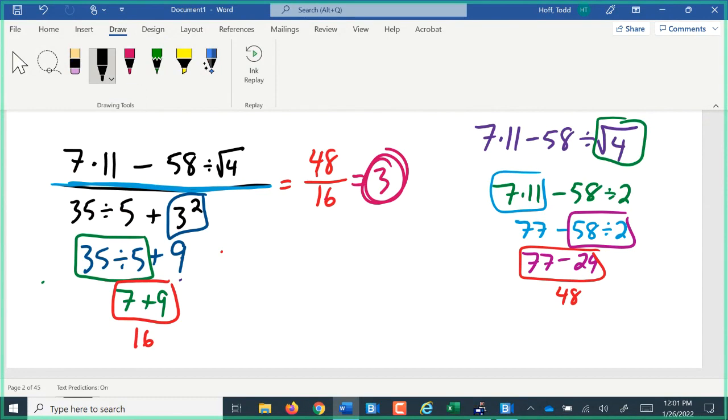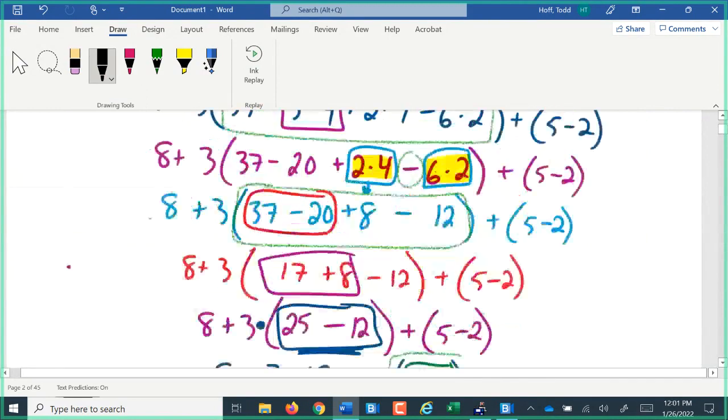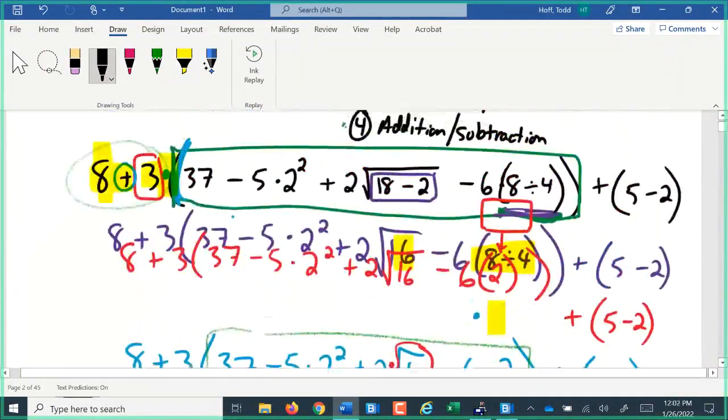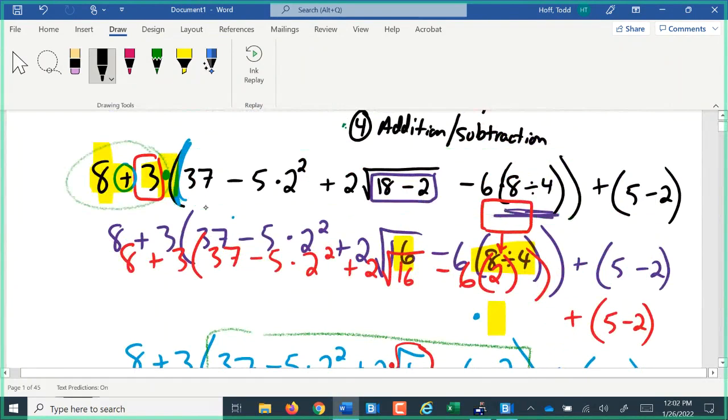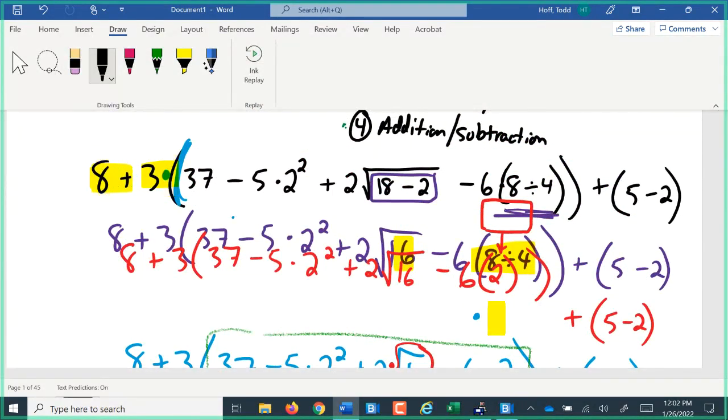A little bit of a warning about your calculator. As ugly as this problem up here appeared, it's actually a very simple calculator problem.